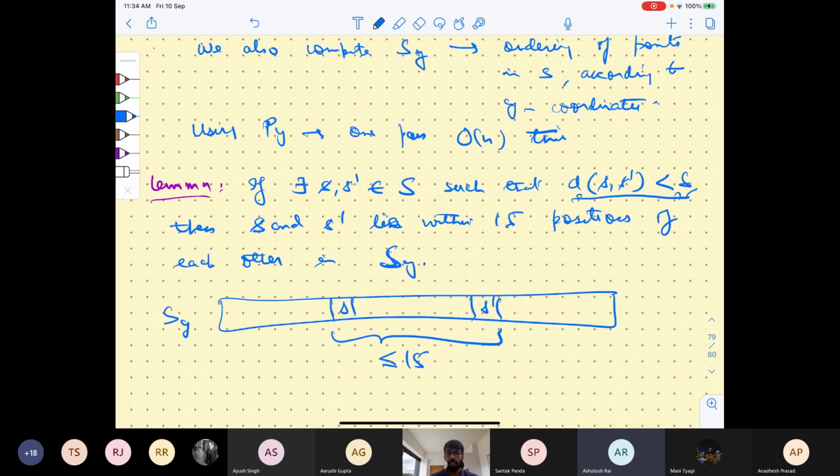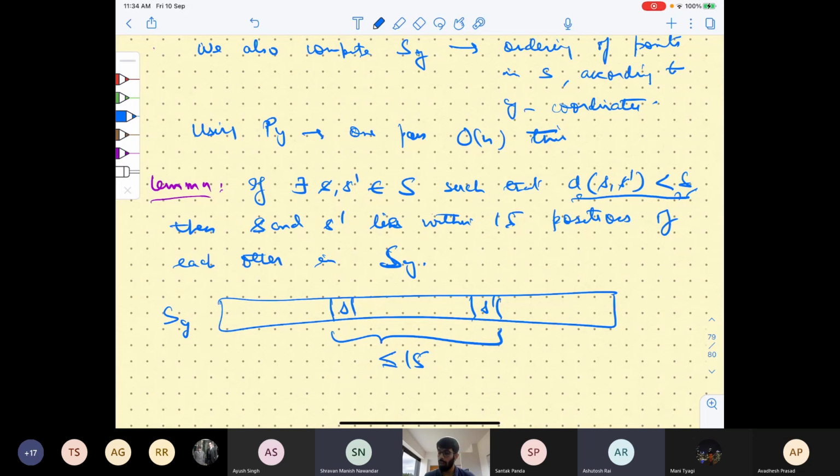Can someone quickly guess, if we show this lemma, then how can we implement it into the algorithm? We'll do that formally also, but why are we trying to show this? Why will this be helpful? You can compare each point with the next 15 points. Yeah.